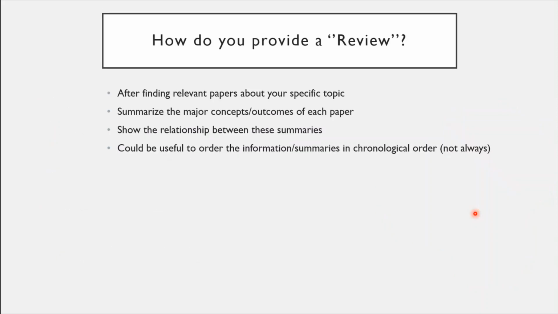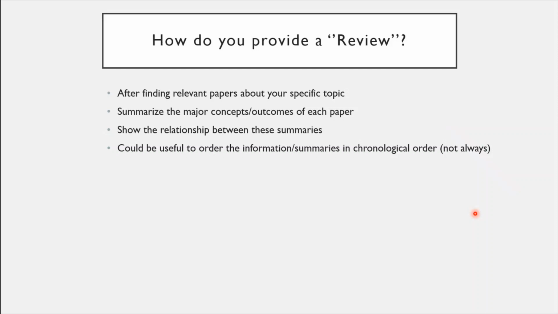So how do you provide a review? After you find the relevant papers about your specific narrow topic using an online database search, which I'll explain more about later, you summarize the major concepts and outcomes of each paper. And then, in your own words, you show the relationship between these summaries.